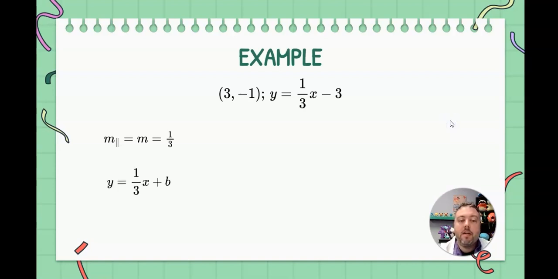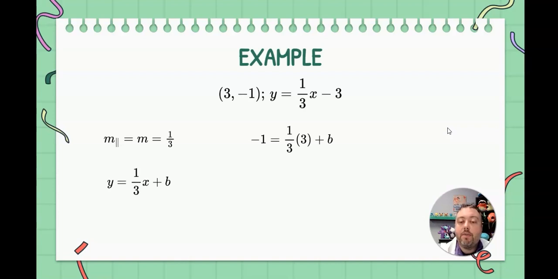From here, I decided to use the slope-intercept form to find my y-intercept. This is one method you can use. It's not the only method, but it is one. In order to find the y-intercept using this method, I need to take that point and plug it into the equation. So in place of y, I put a -1, and in place of x, I put a 3.